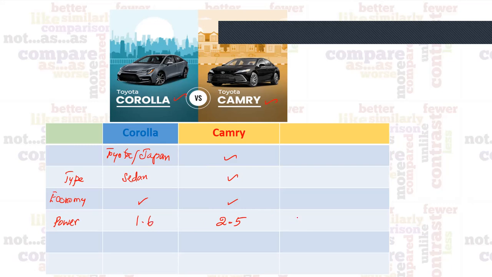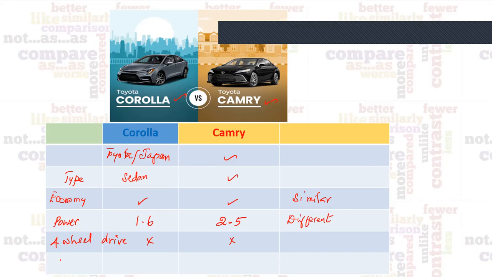So this is different, but this is similar. Okay. Now, do they have four-wheel drive? Both of them don't have it. We need at least one with both negative, because we need to use a new term here to describe this.